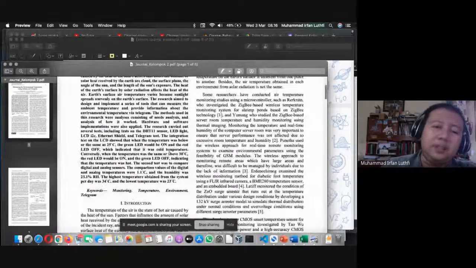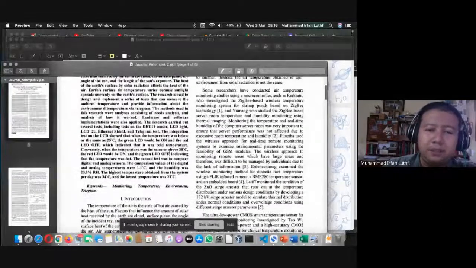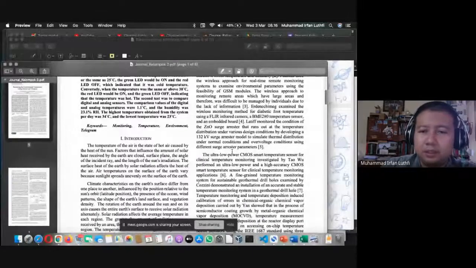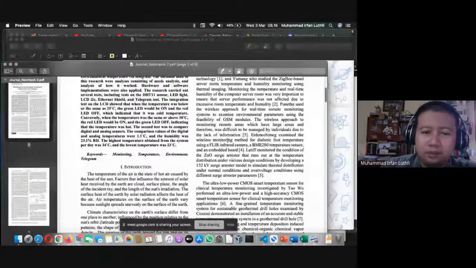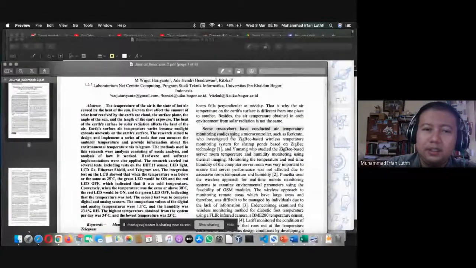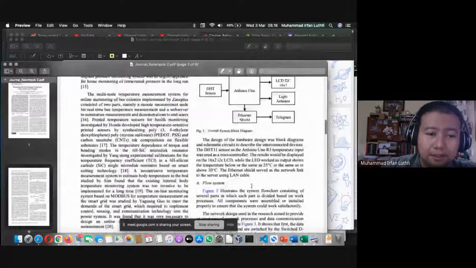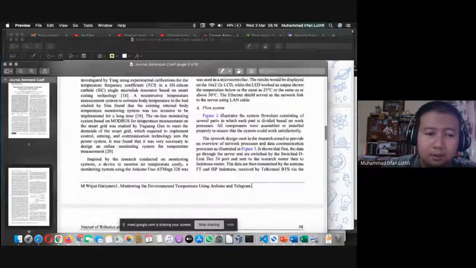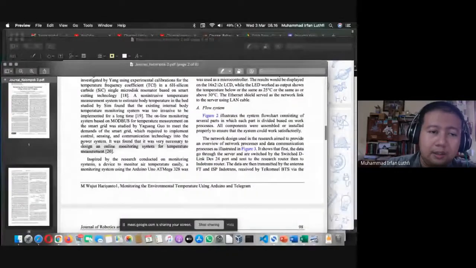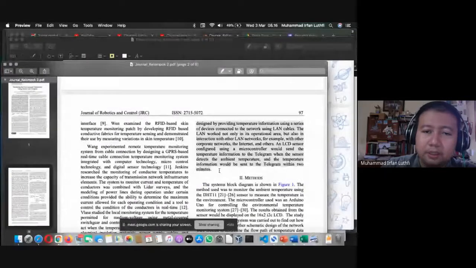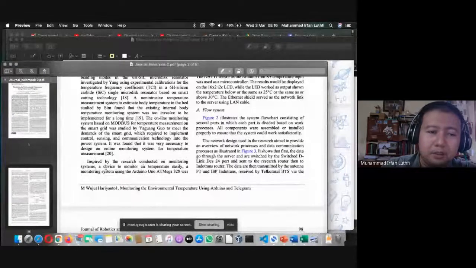If they follow this format, they don't have a place to put the literature review, so they just combine it. So this is the literature review starting from here until here. And this is the research question, inspired by the research conducted on monitoring systems.